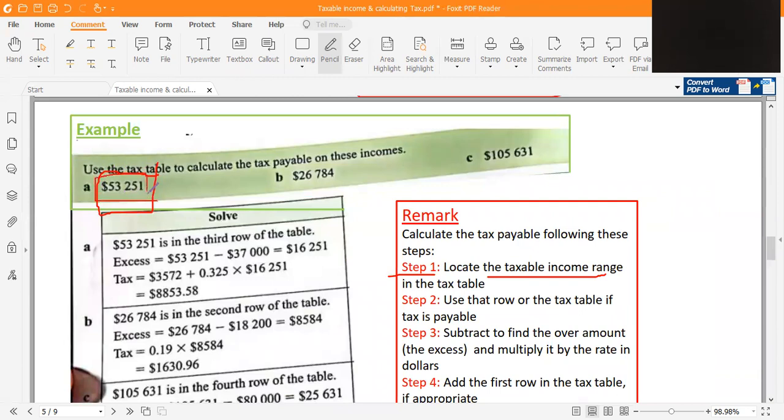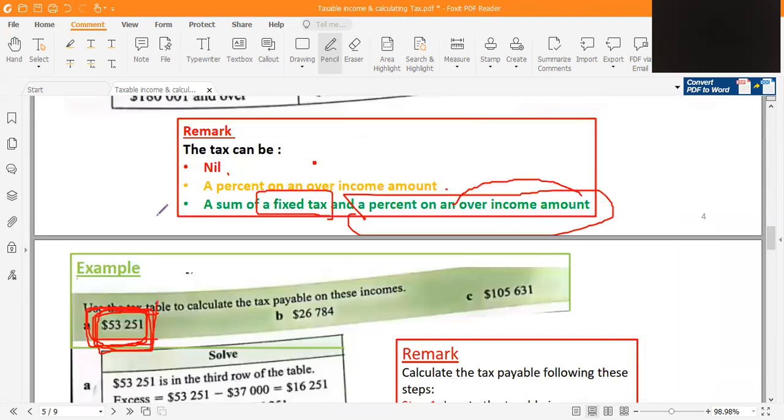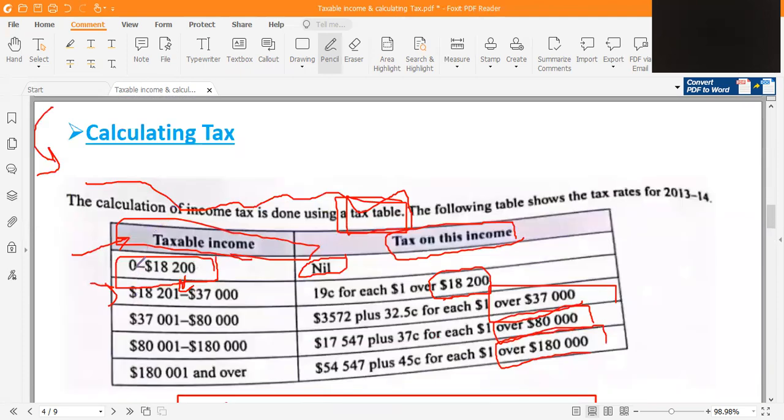We refer to the tax table to locate this taxable income. 53,000 belongs to this range, so it belongs to the third row. And for the third row, to calculate the payable tax, we add 3.